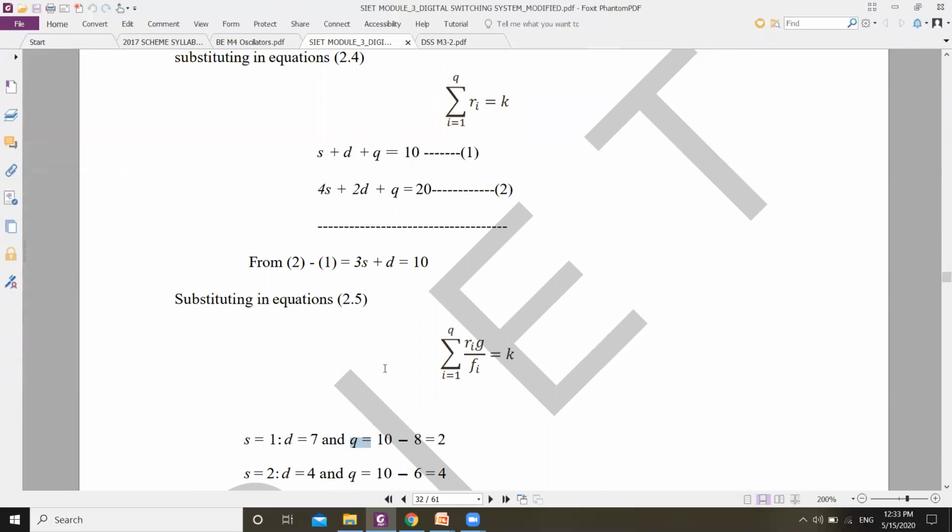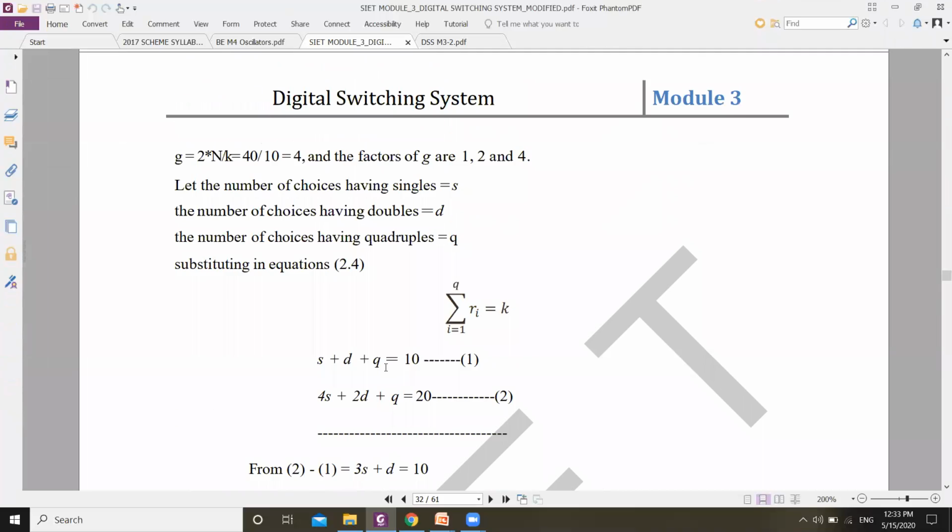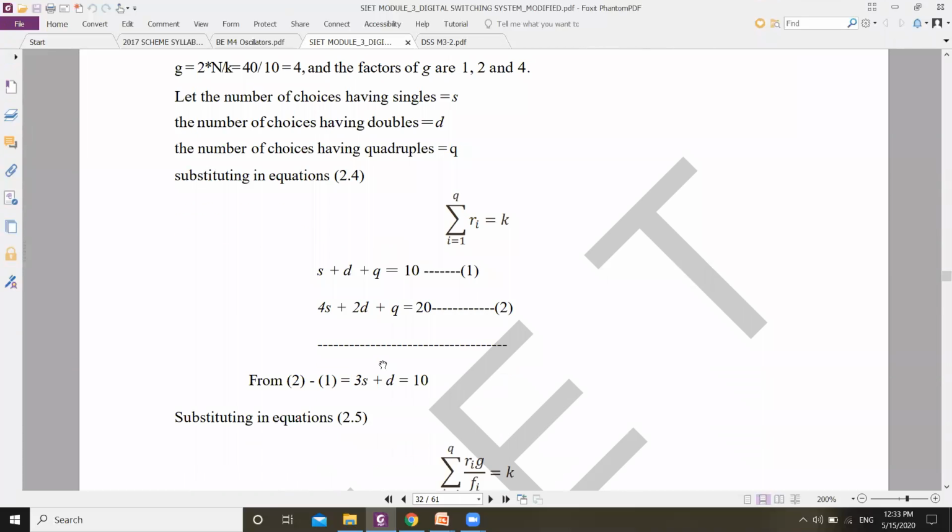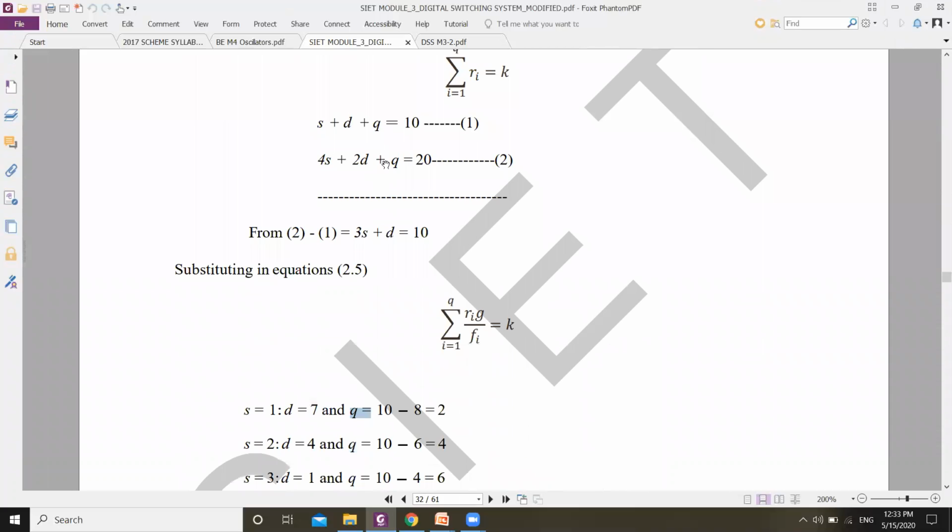Where we are getting this from is using equation number 1. You substitute S as 1 and D as 7. So 1 plus 7, S plus D, is 8. If you send that 8 to the other side, Q is equal to 10 minus 8, you will be getting 2.